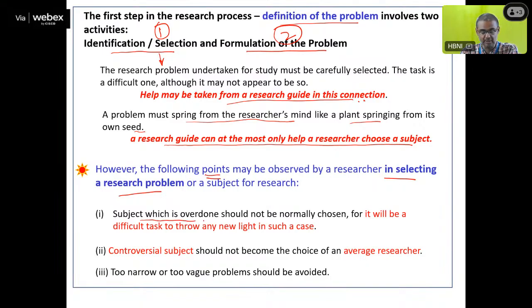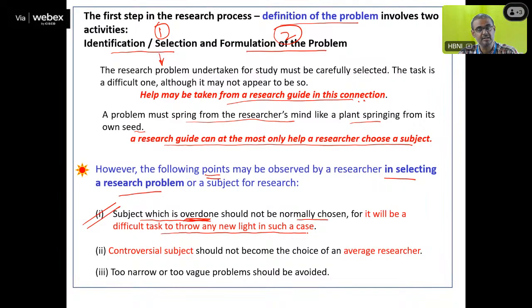Subject which is overdone. Some problem which has been extensively studied and where things are already established should not normally be chosen, or it will be a difficult task to throw any new light in such a case. So this is the first consideration which you will think about while selecting your research problem.